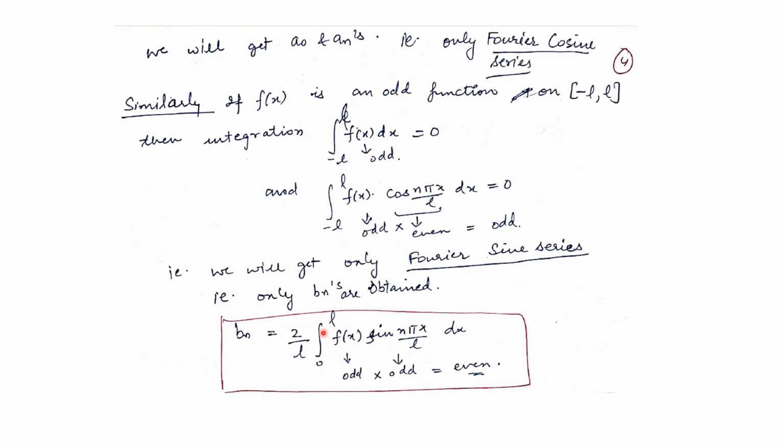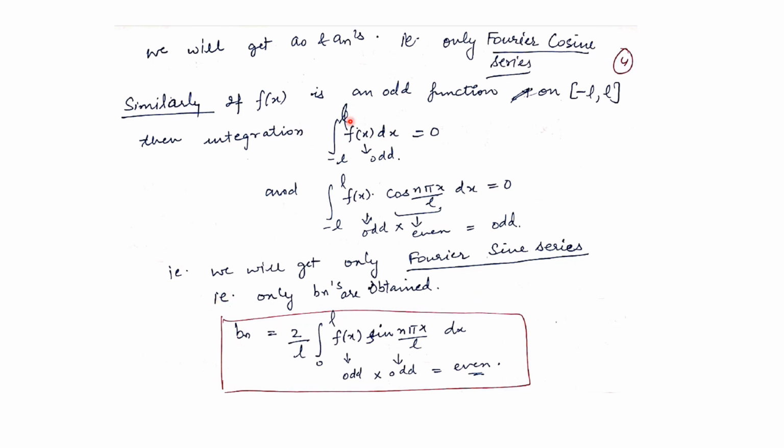Odd into odd will become an even function. So the integration of an even function from minus L to L is the same as twice the integration of this even function from 0 to L. So this is a new formula for the coefficient Bn.